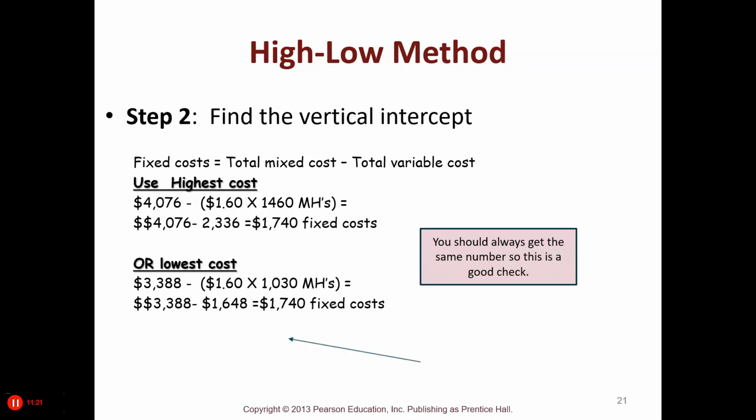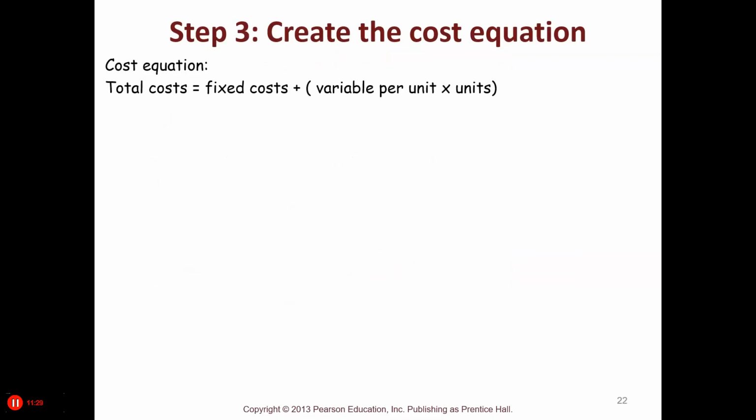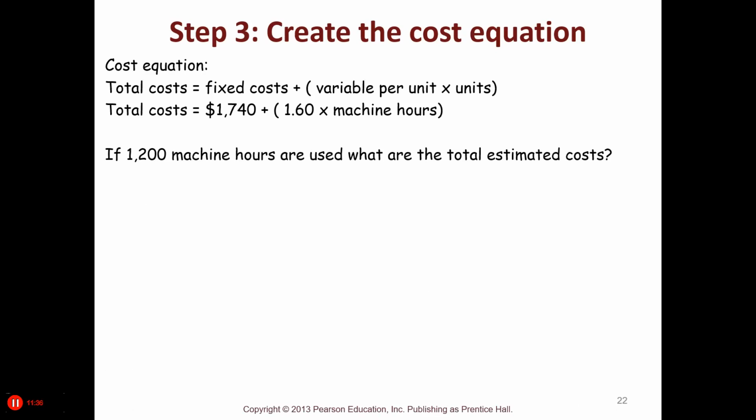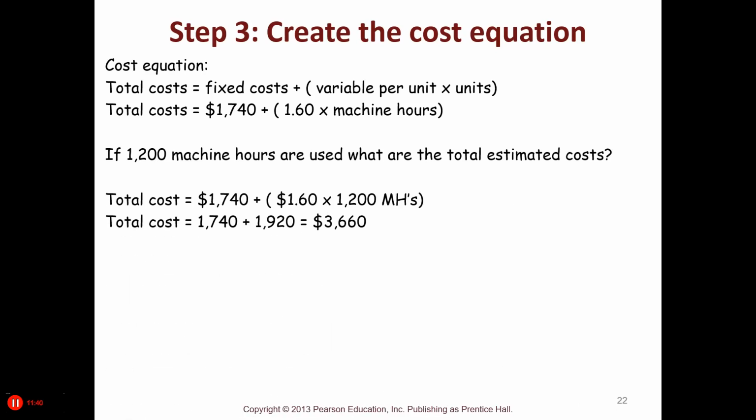And we know those two numbers are the same, so we know we're okay. Now we can do our cost equation. And there is our cost equation. And now we can look at 1,200 units. And the total cost would be $3,660.